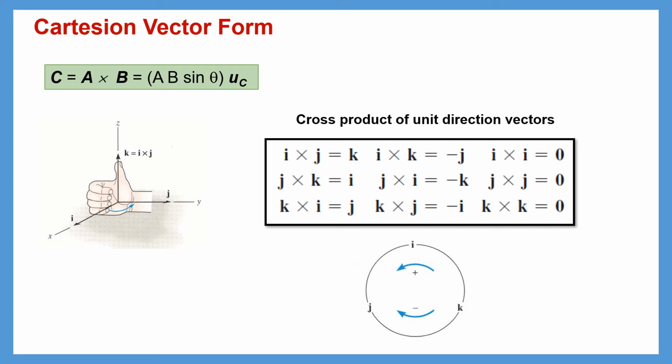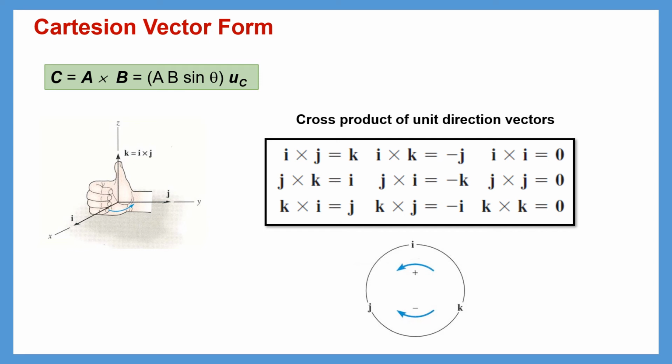While finding cross product of Cartesian vectors, be careful with the unit direction vectors. Okay, again, this is our right hand coordinate system.